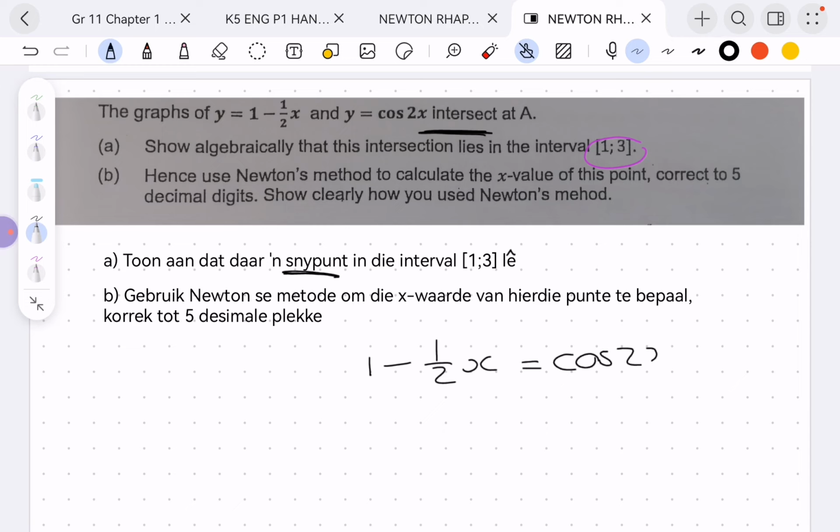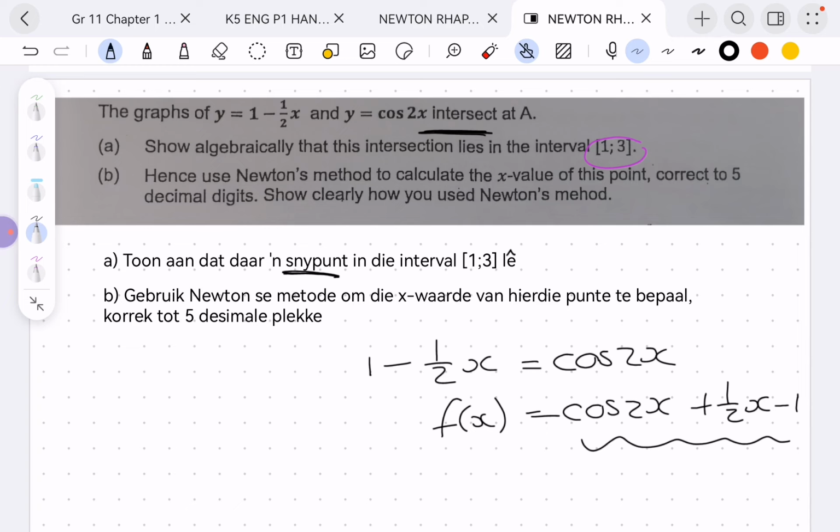Then we would have brought everything to one side. So plus x and yeah. This is now my function. So my function is I'm subtracting the two graphs from each other. It doesn't matter which one you subtract from which, but that's my new function.